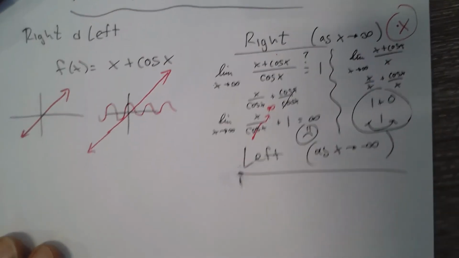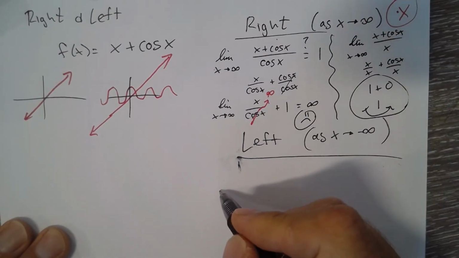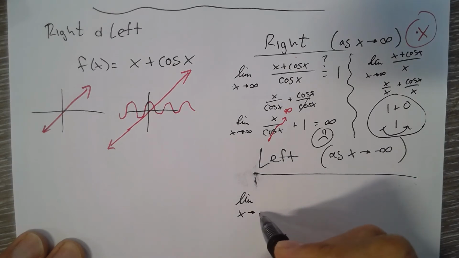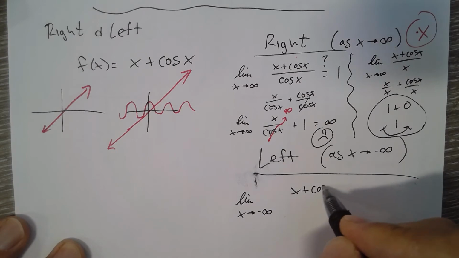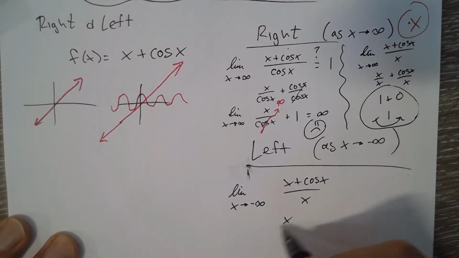For the left end behavior model for this one, again, we're going to choose x, and we're going to justify it: the limit as x goes to negative infinity of x plus cosine x over x. I'm actually going to choose correctly this time. So again, we separate them.